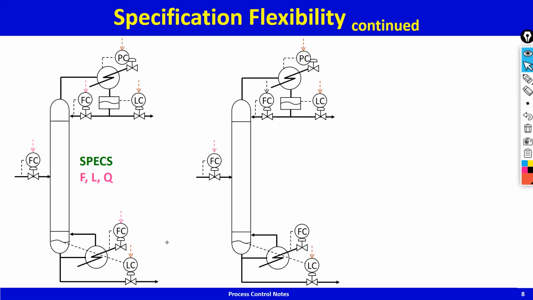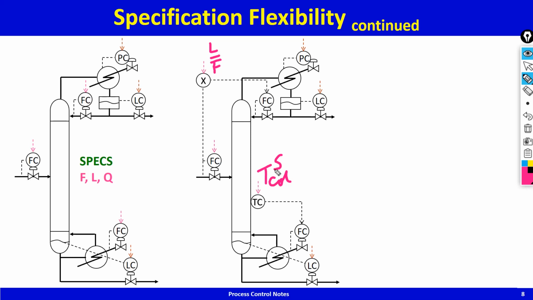We have the same control structure, but now what we do is very commonly done. The reflux is maintained in ratio with column feed, and a stripping tray temperature, S for stripping, is maintained by adjusting the reboiler duty.